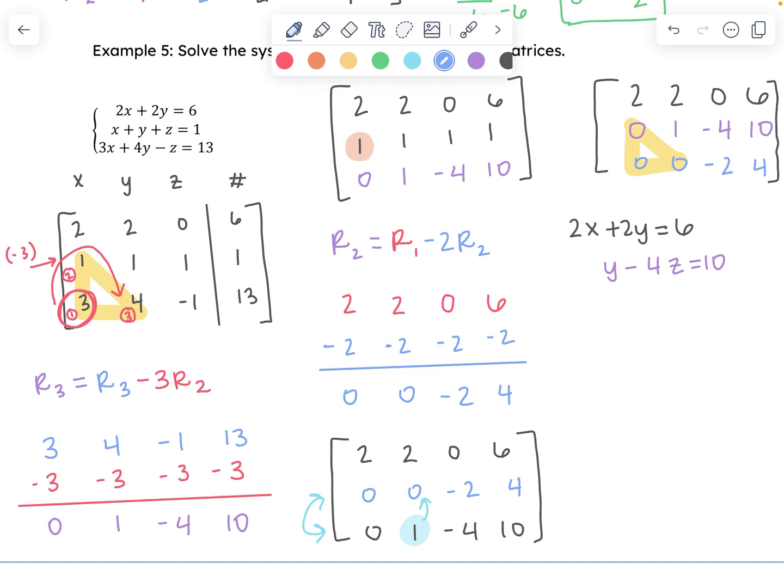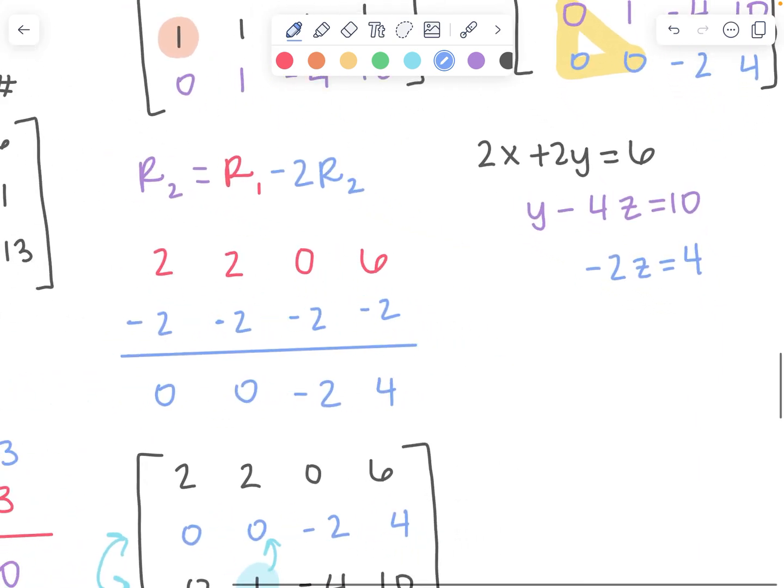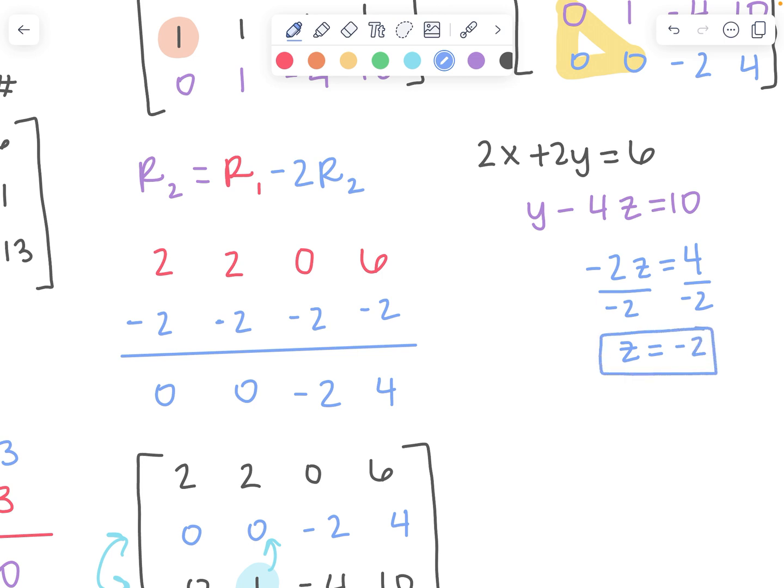And my bottom row is going to be -2z is equal to 4. And I can take that bottom row and solve it for z by just dividing both sides by -2. So when I do that, 4 divided by -2 tells me that z is -2. Then I'm going to take that and plug it in to my purple equation to figure out what y is.